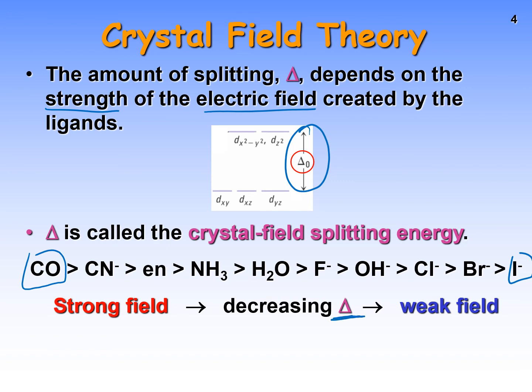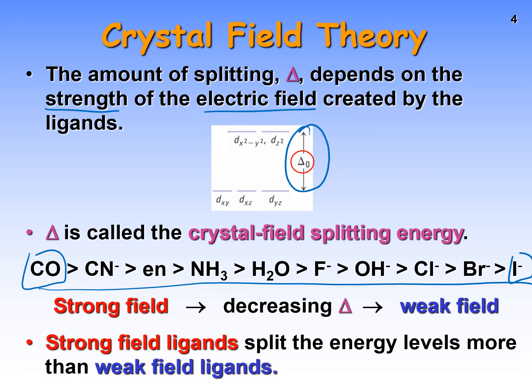We don't ever really need to necessarily calculate delta O. You're just going to do this based on where you are on this series here, and I'll provide this on the test in your equation bank. Strong field ligands are going to split the orbital energy levels more than weak field, and that's basically what I said a couple seconds ago.